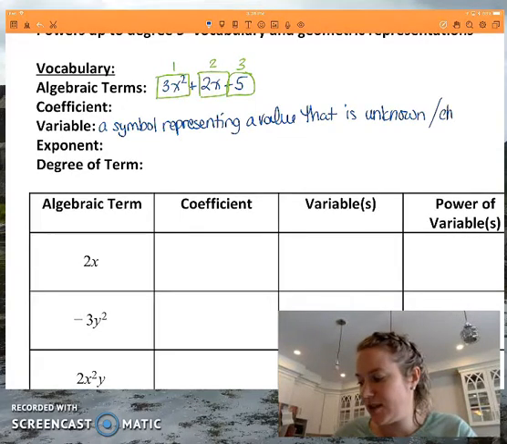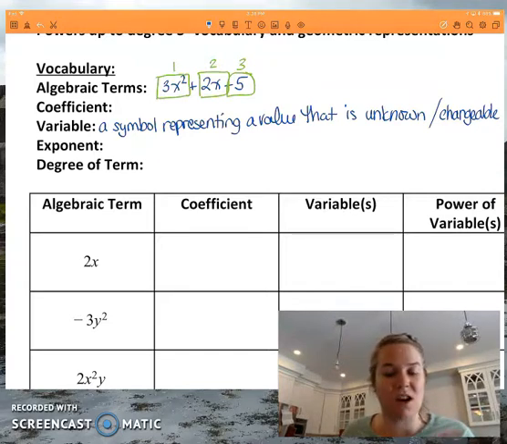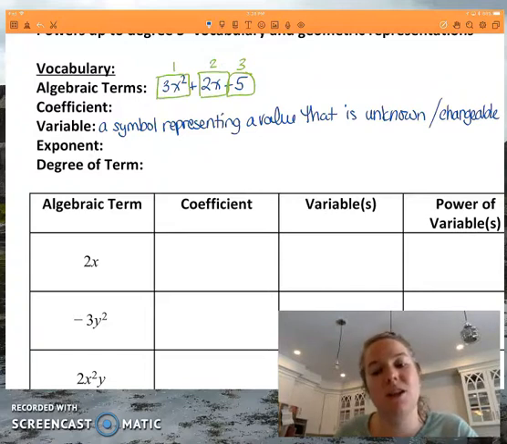So we'll say changeable. X, Y, theta. They're all symbols representing a variable. The ones that we use most commonly are letters, but we can use the Greek letters. We could use stars, dots, anything really that's representing a value that is unknown and or changeable. So again, most of the time we're going to be using letters to represent that.